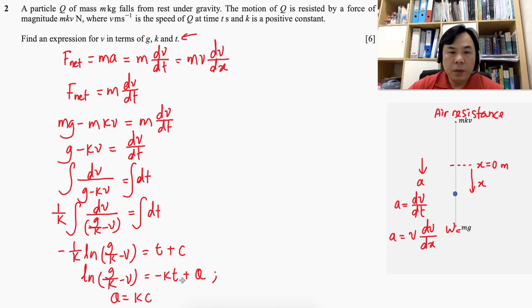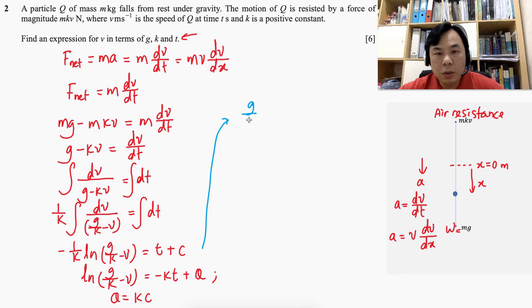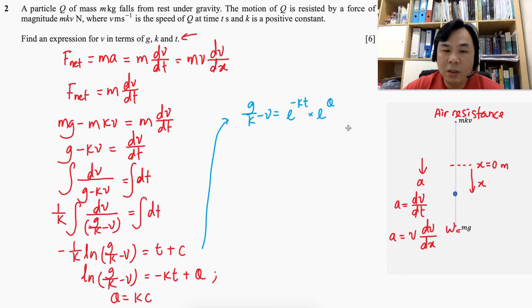And then thereafter, okay, from here onwards, we can take the anti-natural log in this case. We will end up with g over k minus v equal to exponential negative kt multiplied with exponential q here. Now you will notice that exponential q is yet another constant. All right, so you can see that along the way there are so many constants.